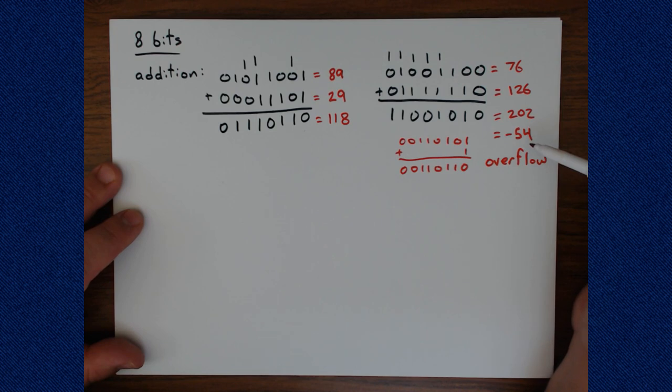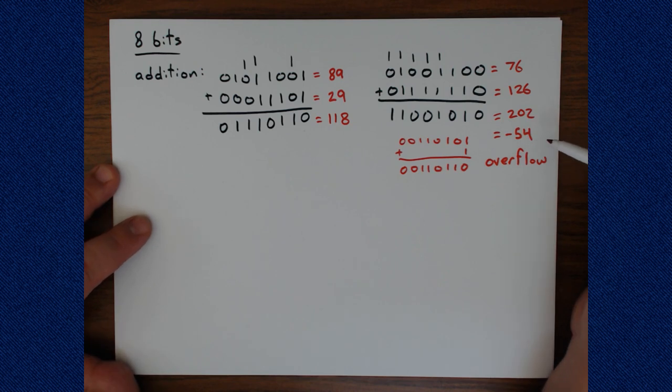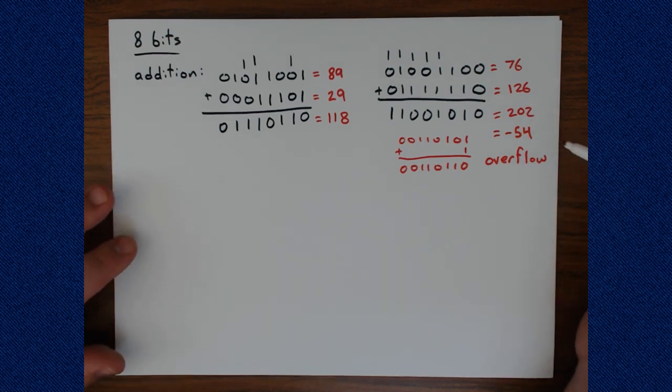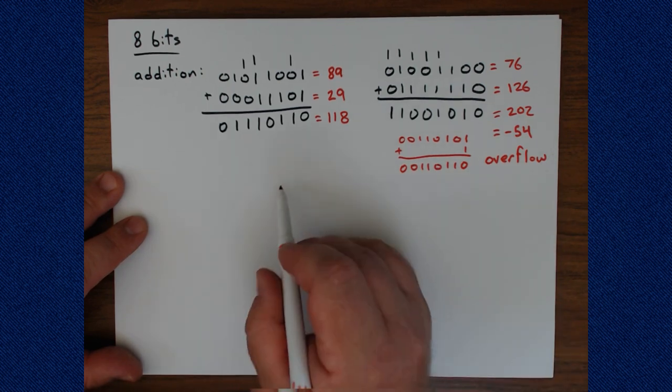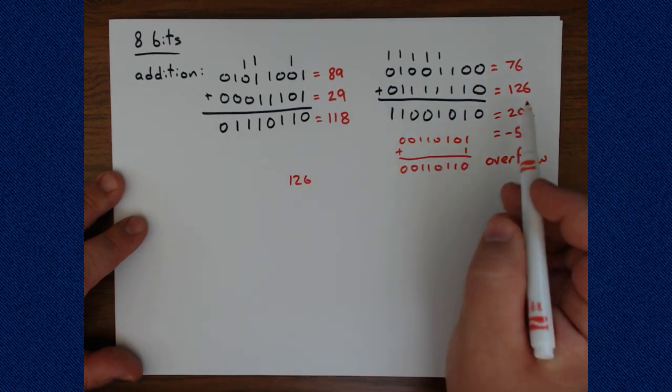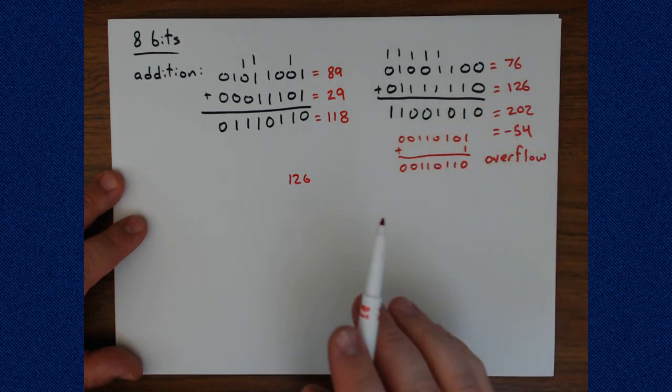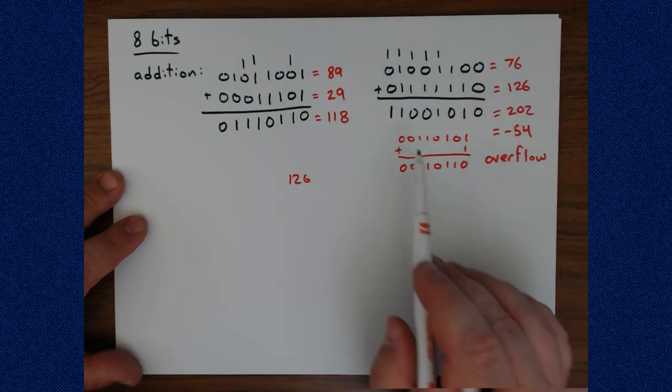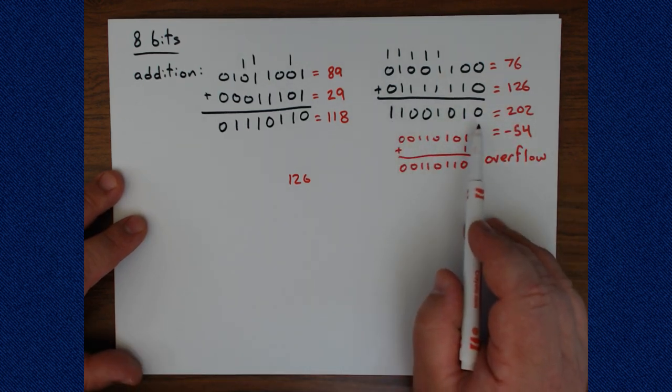Now, we have to feel comfortable, though, that negative 54 is right. It's easy to see that 202 is right, but negative 54 seems a little bit weird. So let's break that down briefly. We have 126 here, to which we were adding 76. Now, we've got 8 bits of representation, which means we have 256 different bit patterns.